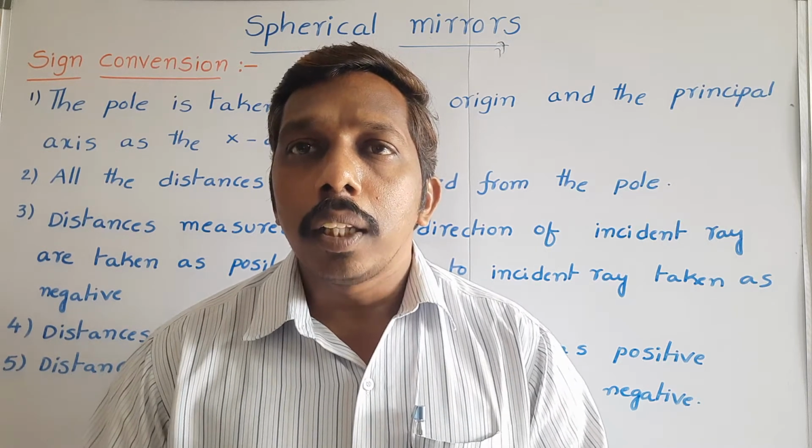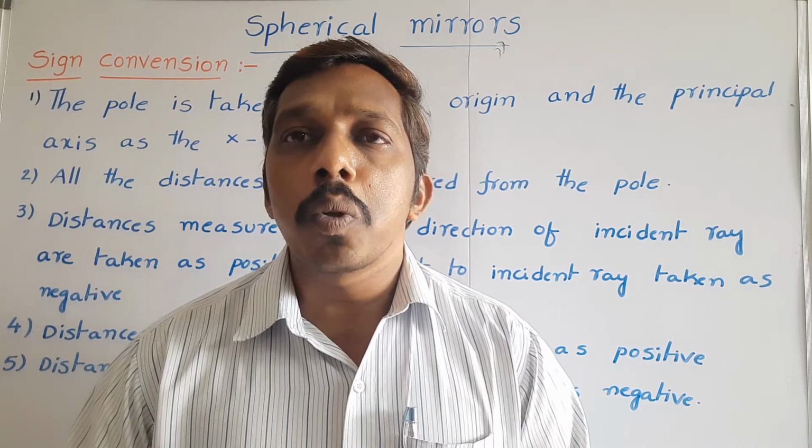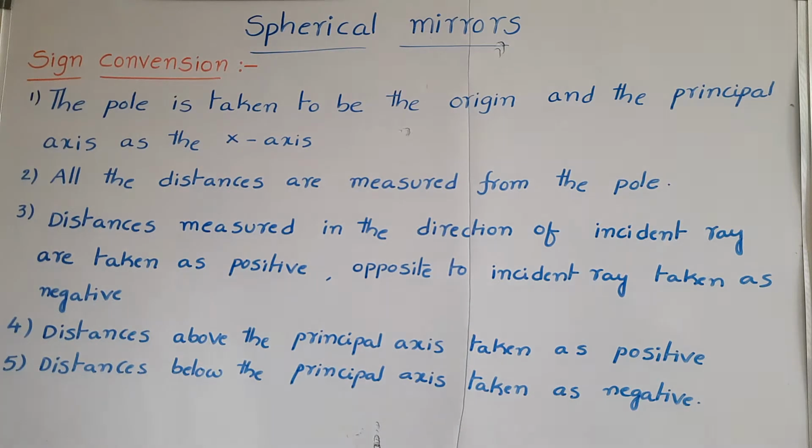To measure these values we should follow some rules, and those rules are called the sign convention. So what is the sign convention? According to the sign convention, the pole is taken to be the origin and the principal axis as the x-axis.